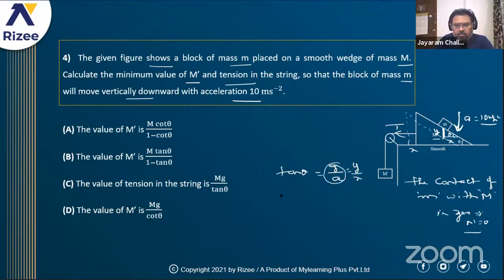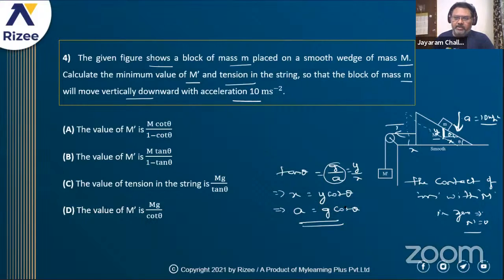Later we can put it down. So from this one, x is equal to y cot theta. If I differentiate this one, acceleration a is equal to g cot theta. So this is a constraint equation we can write. So acceleration of the system is in this direction, it has been accelerating like this. So we have got the first constraint relationship, and the normal reaction is equal to 0.